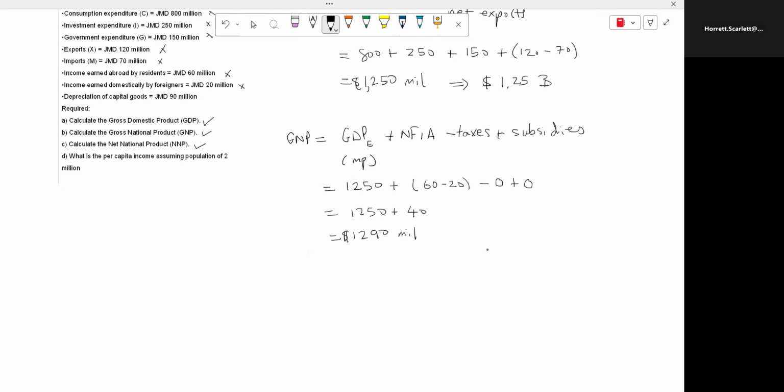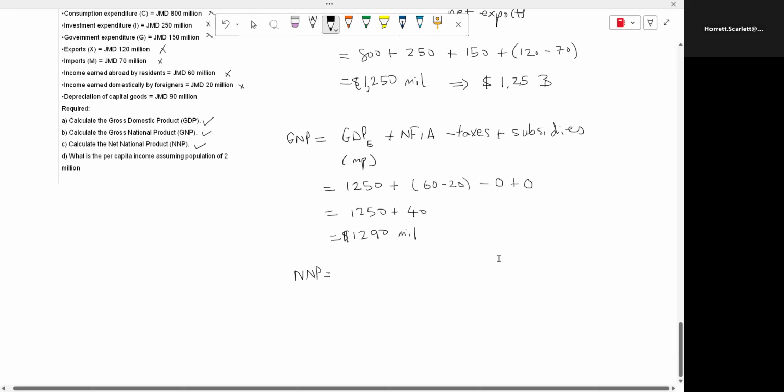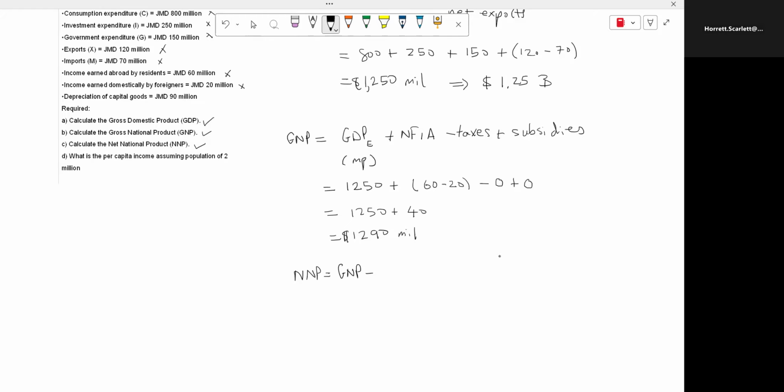We now need to compute the net national product. And remember, the net national product is going to be the GNP, the gross national product, less the money that has been allocated or put aside to repair and replace the machinery. So it means that we have to get rid of this money for depreciation, which is set aside for that use.